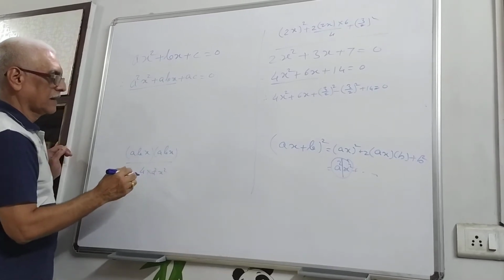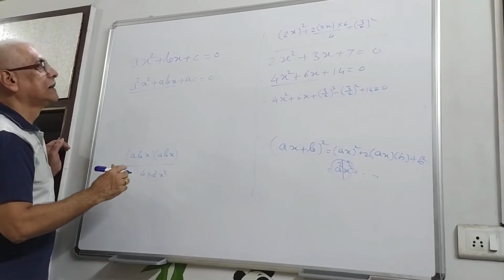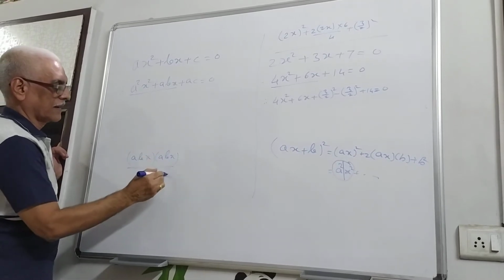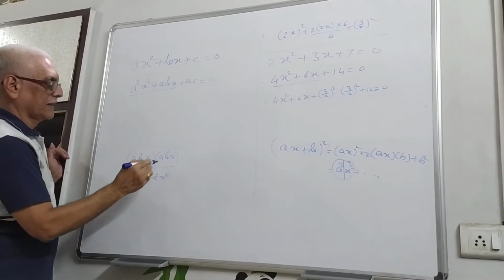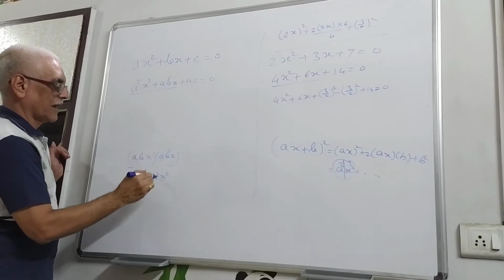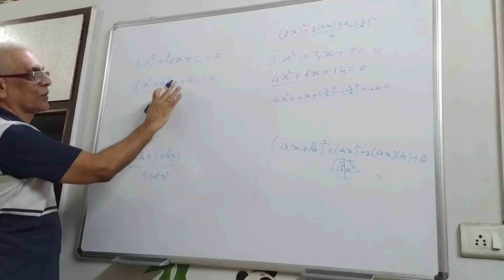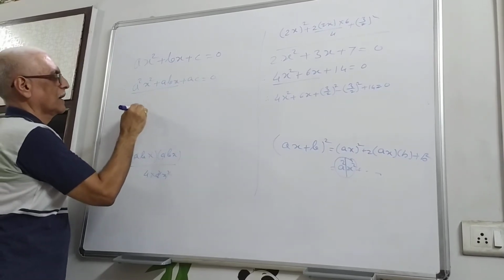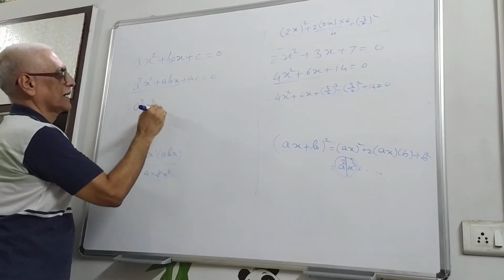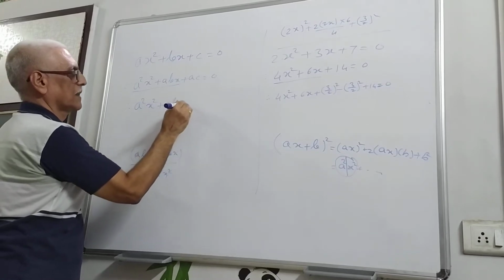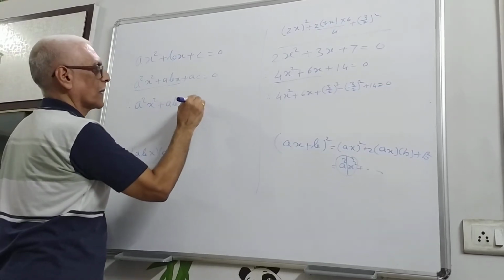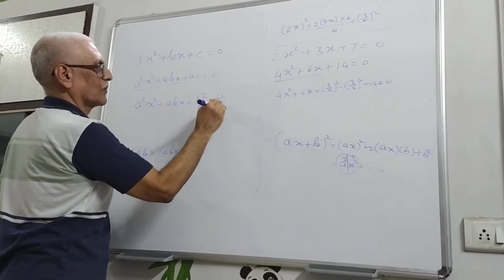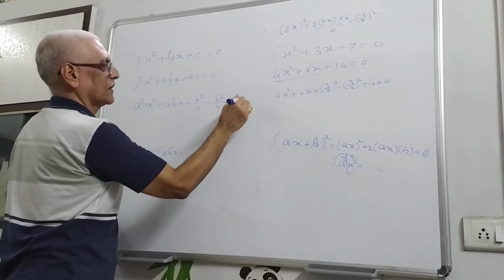Here x square will cancel with x square, and a square will cancel with a square, and you are left with b square upon 4. If you add b square upon 4, you will get a complete square. Therefore, a square x square plus abx plus b square upon 4. This is added, so we have to subtract that: minus b square upon 4 plus ac is equal to 0.